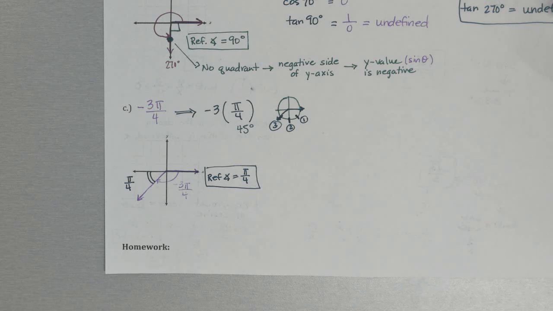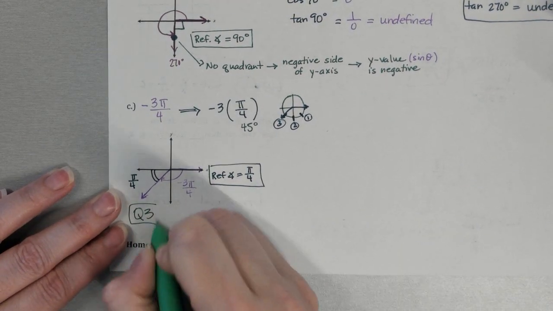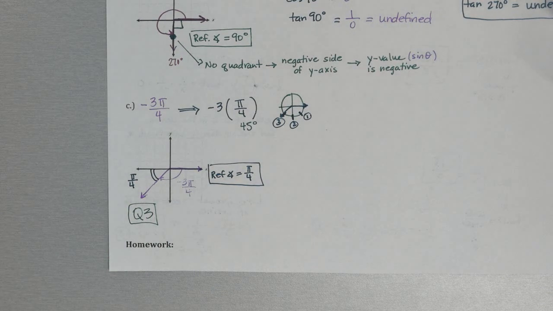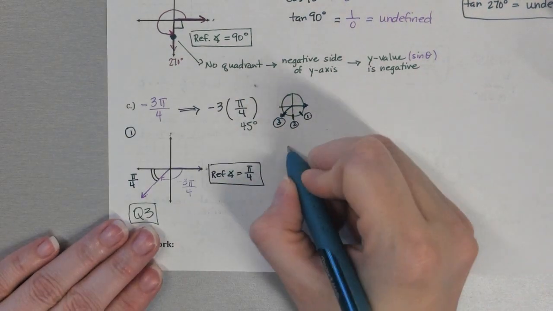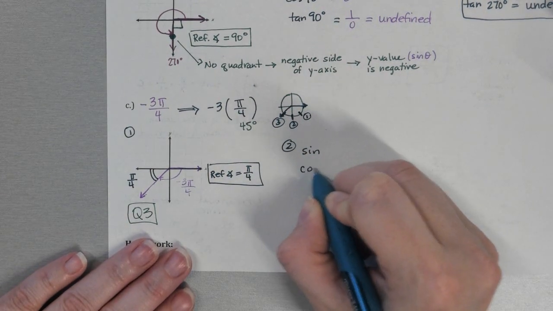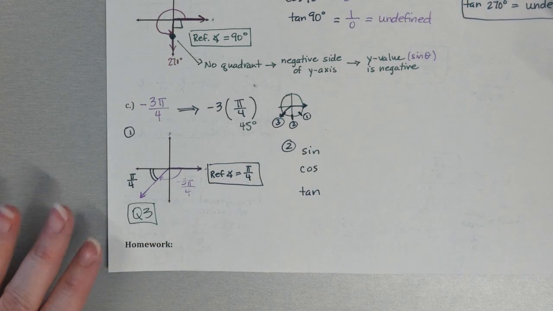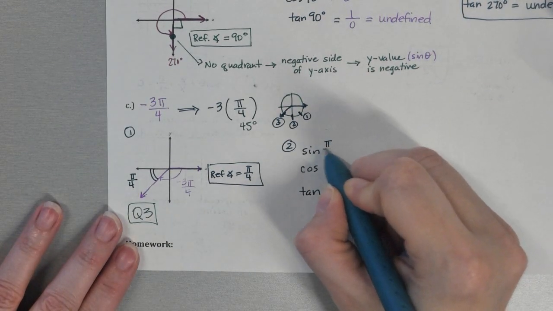Now, what quadrant did we end up in? Yes. So I'm just going to make a note of that. Quadrant 3. Okay, and then this was my first step. My second step is to find the sine, the cosine, and the tangent of the reference angle, which we just found out was pi over 4.